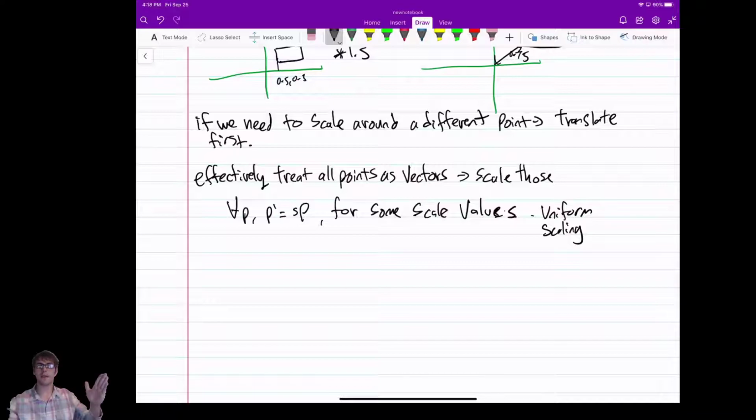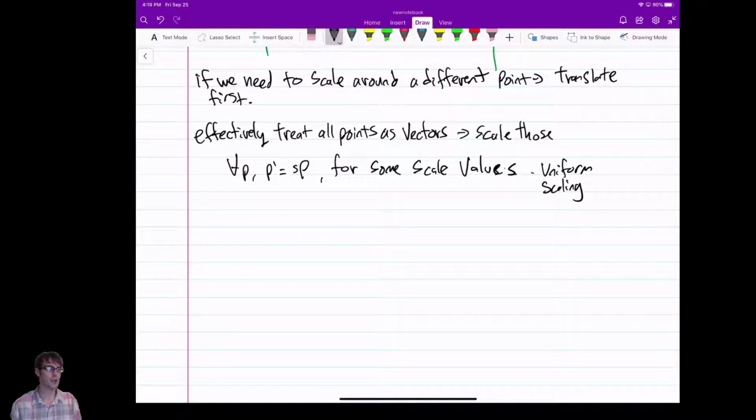Uniform scaling means x and y get bigger, and when people think scale, it's generally what they think, right? I'll do a uniform scaling, x and y and z. They all change by the same amount, but we don't have to do uniform scaling. I could imagine having a p prime that applies scalar x times px, scalar y times py, and you could have, say, the x dimension stay the same and stretch it out only in y, or stretch it out in both.